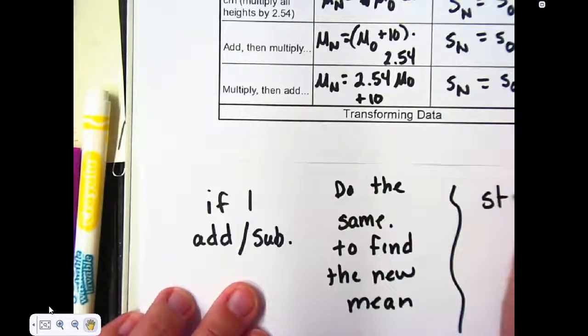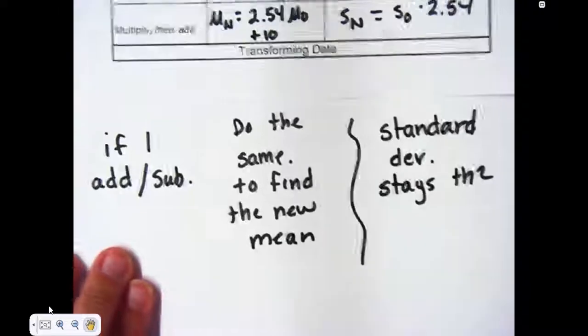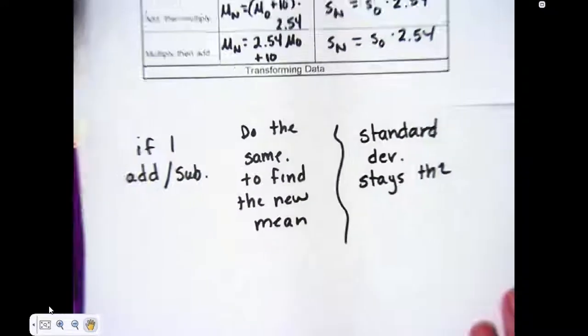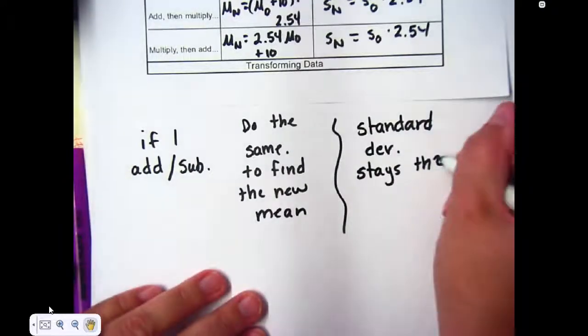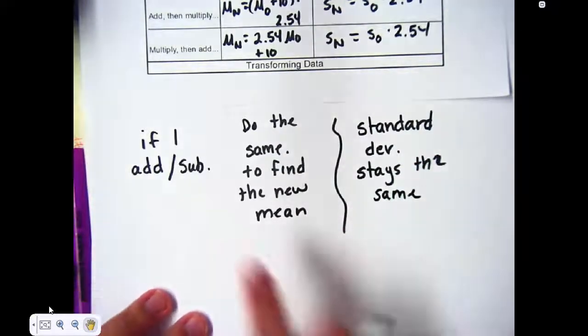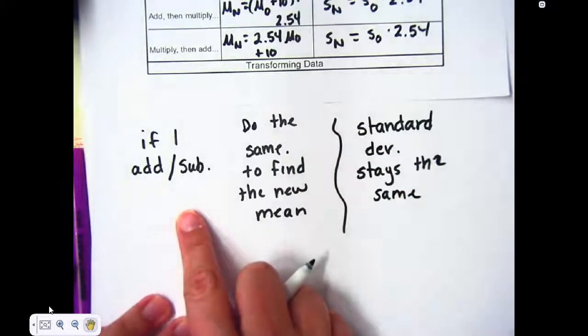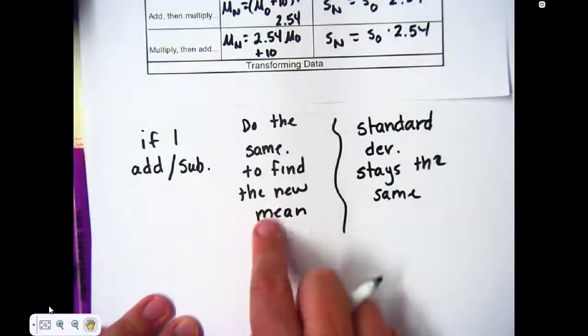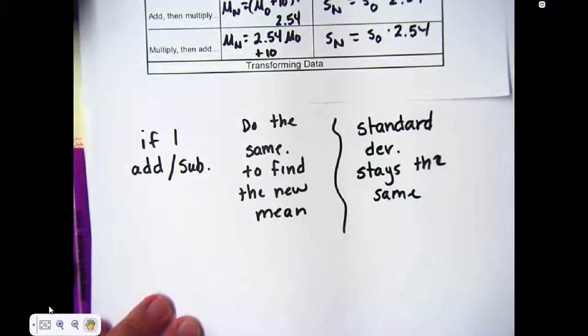The standard deviation stays the same. Zoom out a little bit so the standard deviation would stay the same. So if I'm adding or subtracting any value to my entire data set, you do the same to find the new mean, and the standard deviation stays the same.